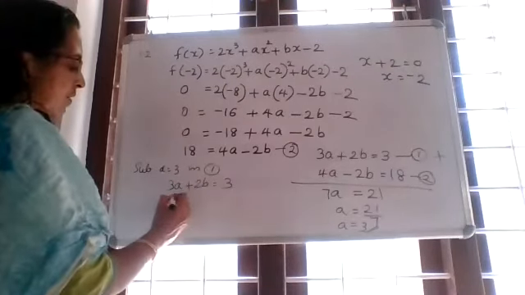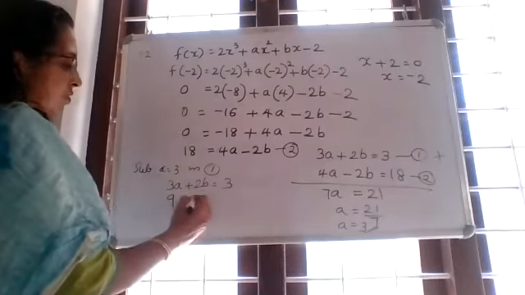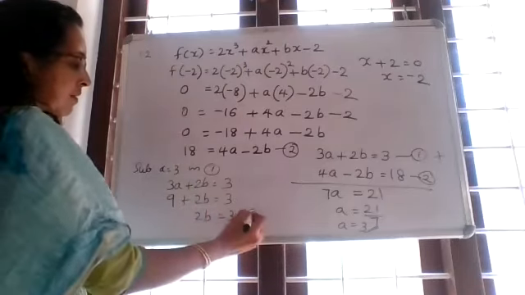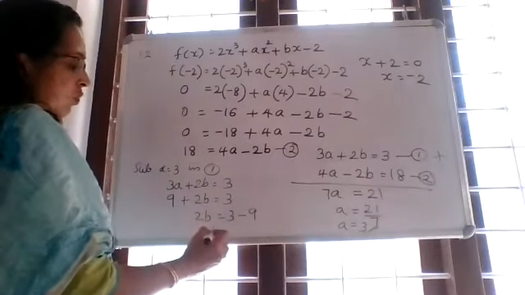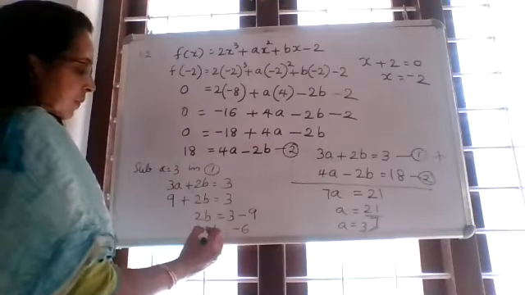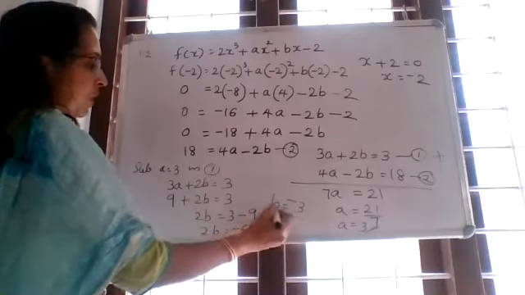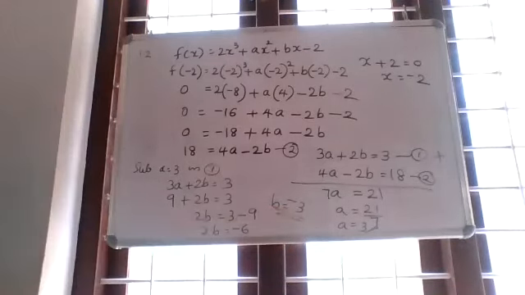So 3 into 3 is 9. 9 plus 2b is equal to 3. 2b is equal to 3 minus 9. That is 2b is equal to negative 6. So b is equal to negative 6 by 2, negative 3.